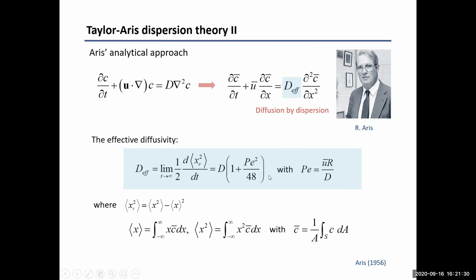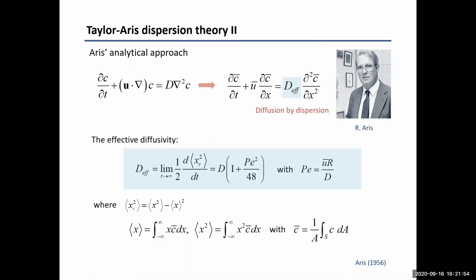So the core of Aris's theory is that you throw away the directions that you're not interested in. So what you do is take the average over those directions, and then you get the second moments along the direction that you are interested in.